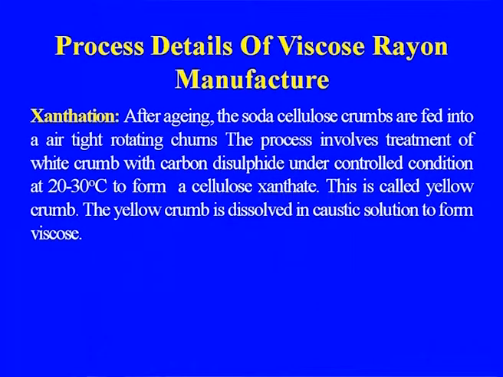The process involves treatment of the white crumb with carbon disulfide under controlled conditions at 20 to 30 degrees centigrade to form cellulose xanthate. This is called the yellow crumb which you are getting, and this goes for further processing to get the viscose rayon. The yellow crumb is dissolved in caustic soda to form viscose.